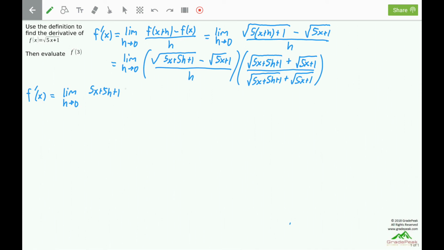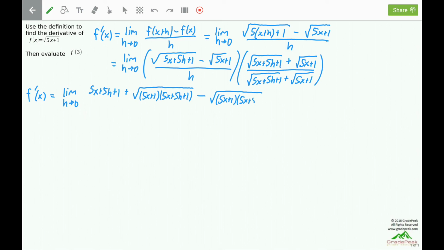Those can combine together under a single root, because each of them are under a root. The inside is going to be negative the root of 5x plus 1 times the root of 5x plus 5h plus 1.